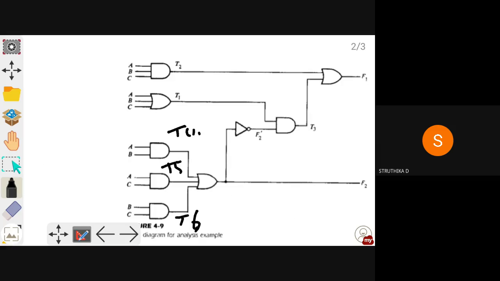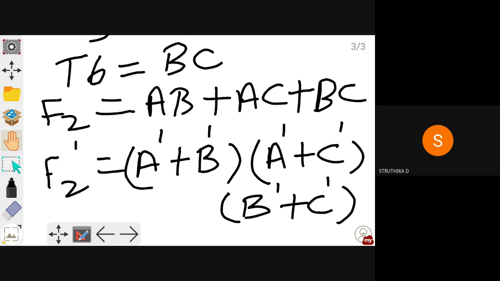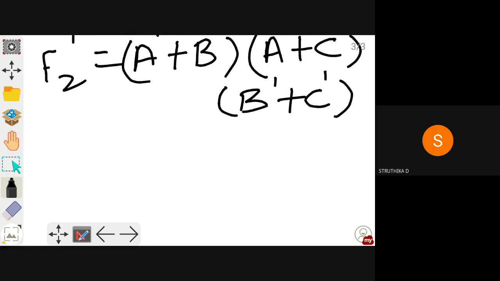So now what you have to find? T3. So what is your T3 now? F2 dash into T1. So T3 is equal to F2 dash into T1.